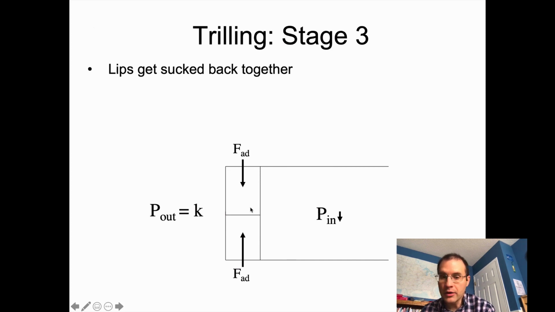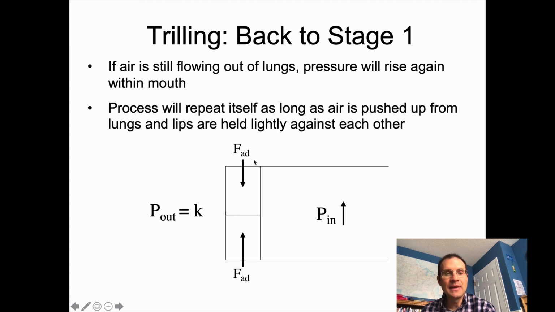Okay, and then once they're closed, we repeat the whole cycle, right? So as long as I'm still compressing the air in my lungs, the air pressure inside of my body is going to increase, and then it'll try to pop open the lips again, and then get to the outside and repeat the whole cycle, making a noise each time it pops open the lips to give us that trilling effect, basically.